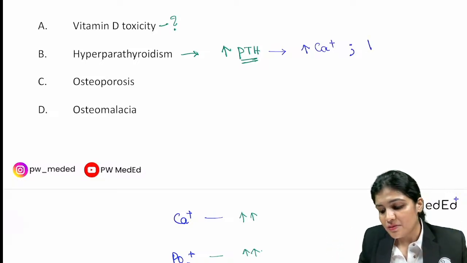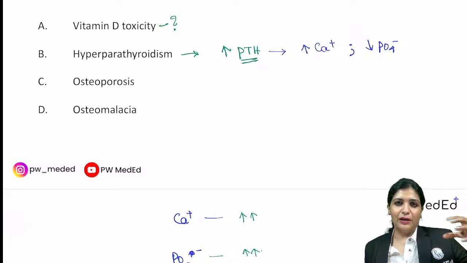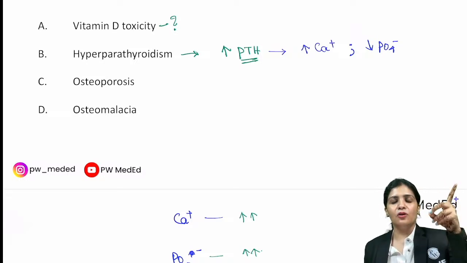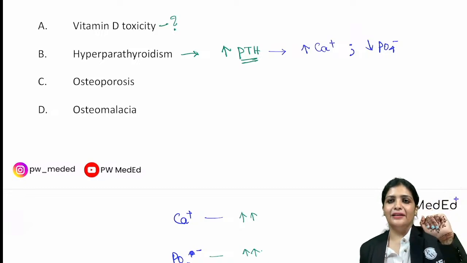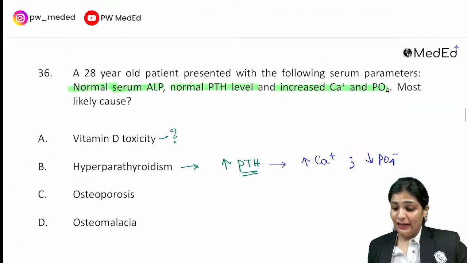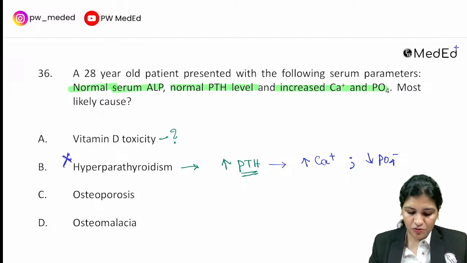So there should always be a decreased phosphorus in case of PTH increase, because parathormone will always cause an increase in calcium, but a decrease in the phosphate. This is the dictum for parathormone. Here there was an increased phosphate, so this is not the answer.